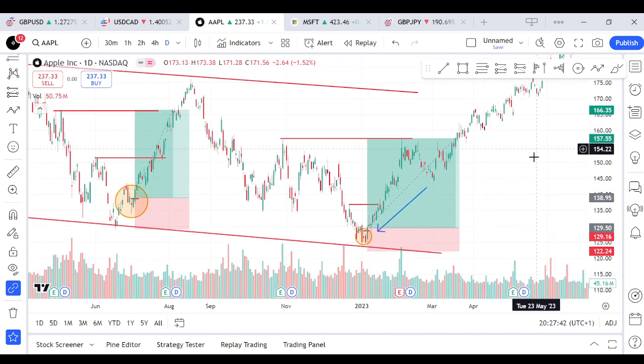And that was how we were able to catch that buy trade using the bullish spinning top candlestick pattern.